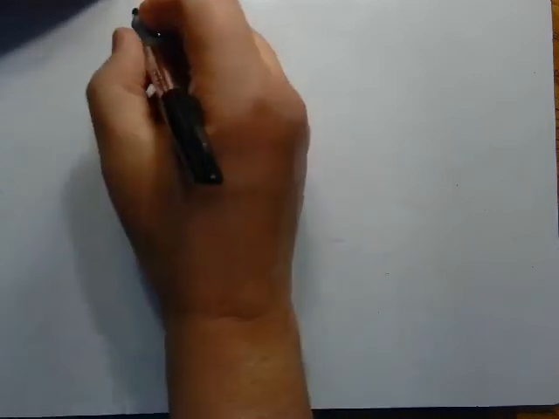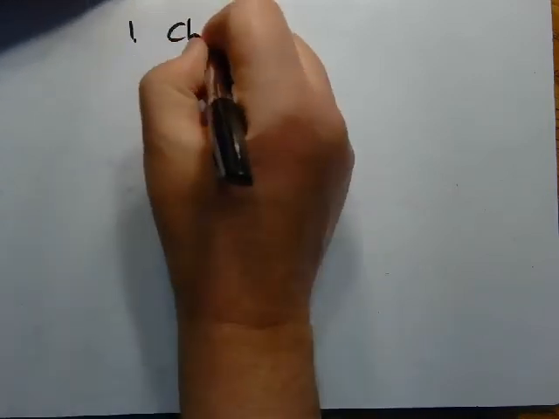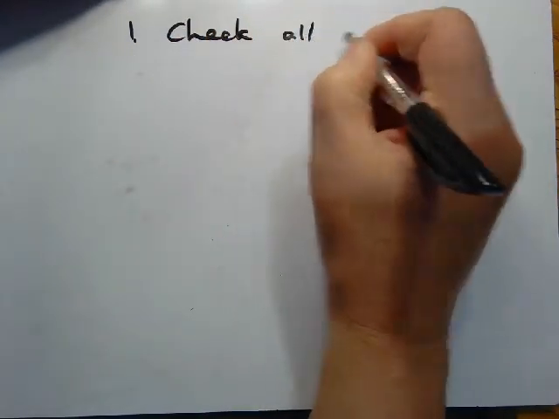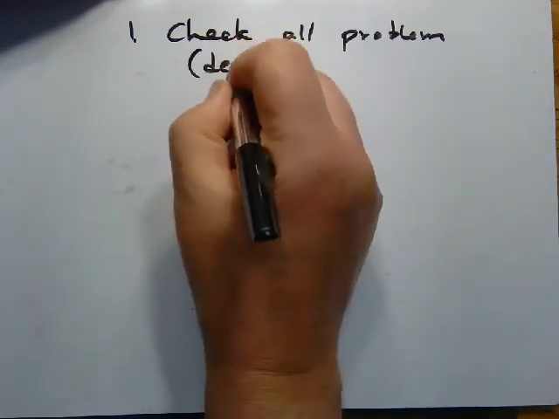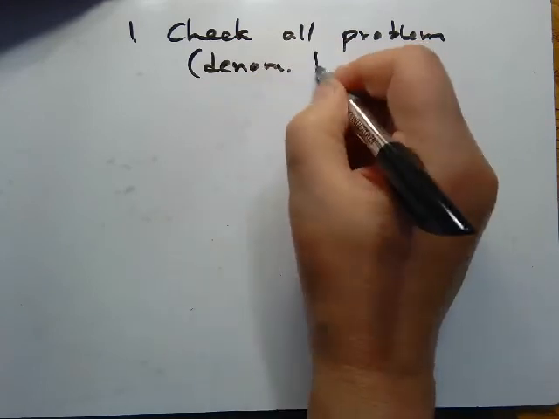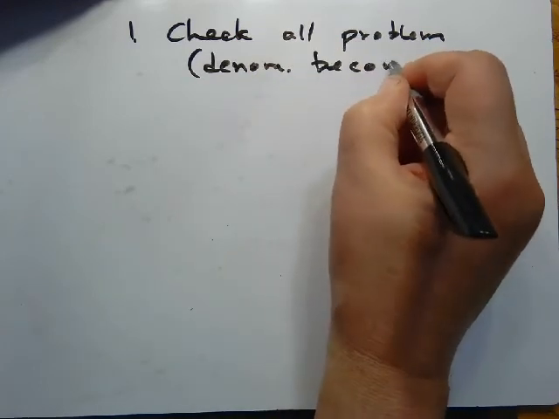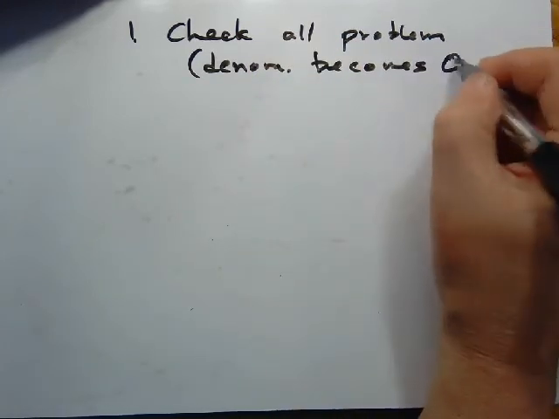All right, to summarize, what are you going to be looking for here? Well, first of all, check all problems at the end. Make sure you check to see if any denominator becomes 0.